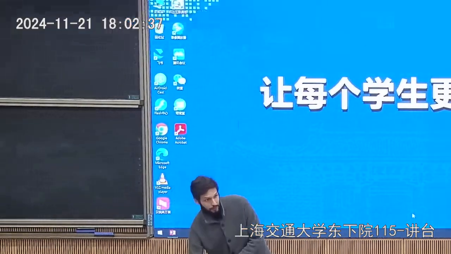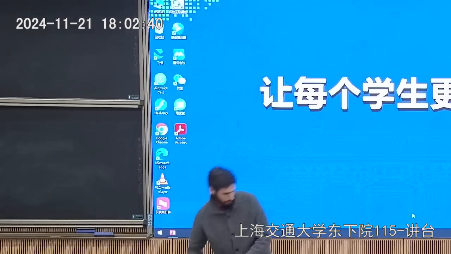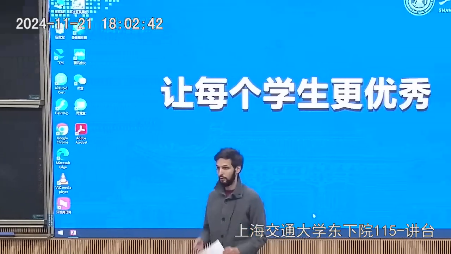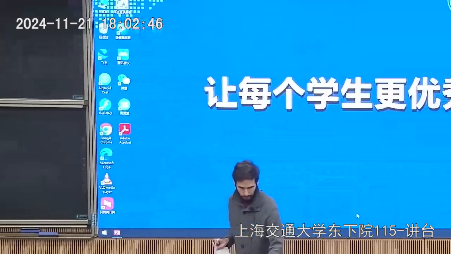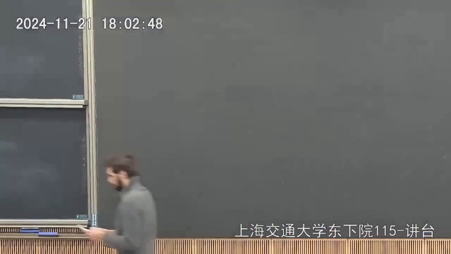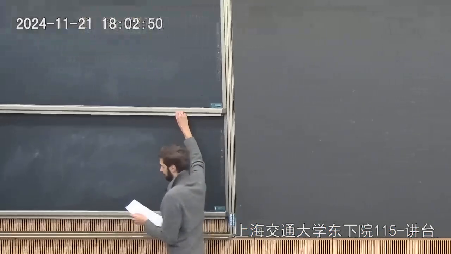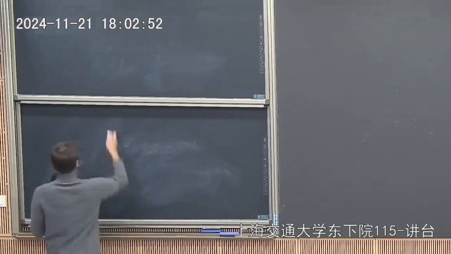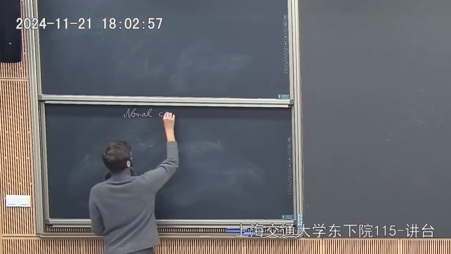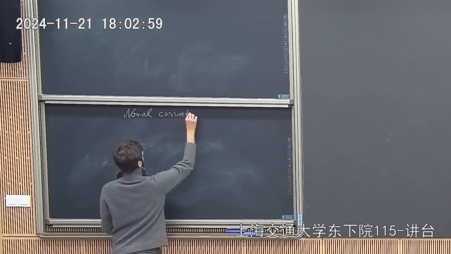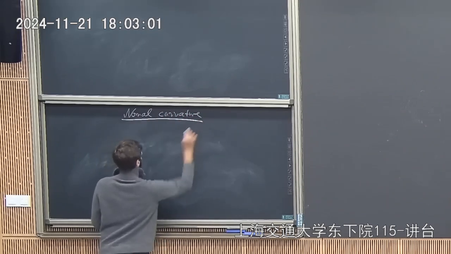And as I said, we want to extract some kind of information, some numbers out of the shape operator. So that's where we are. The first topic for today will be what is called the normal curvature.